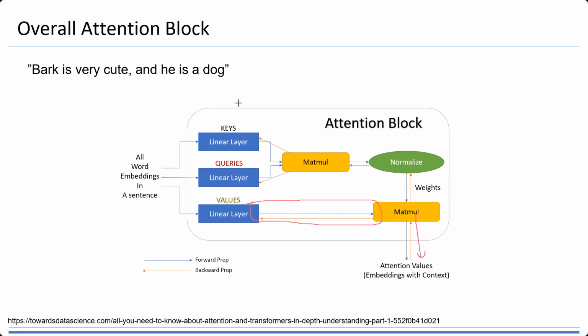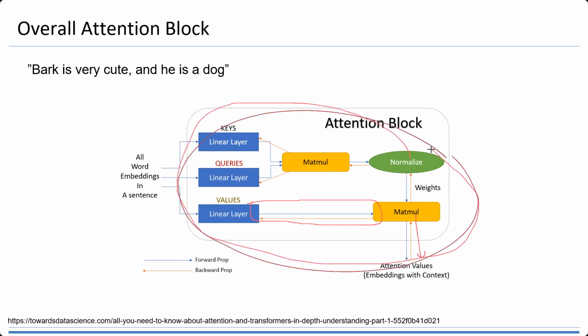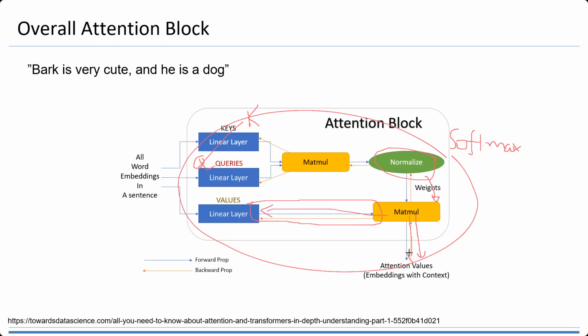So this is what we already learned yesterday. We have a simple Q, we have K, and then we multiply Q with K, and then we normalize with softmax. After the softmax, we multiply with the values, and at the end, we got the attention score.